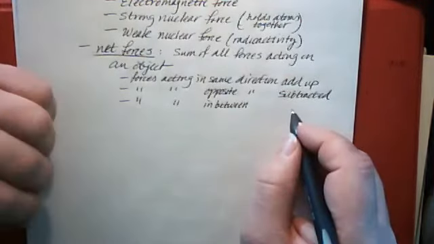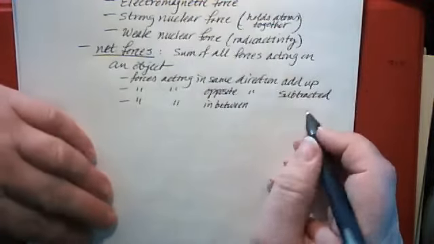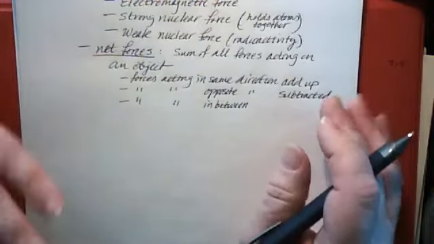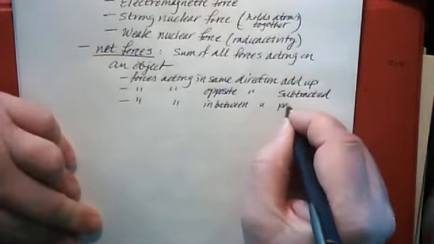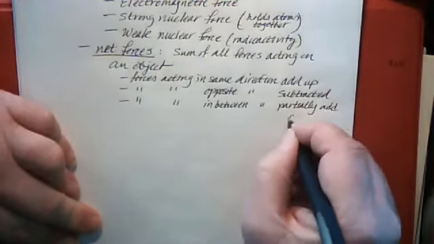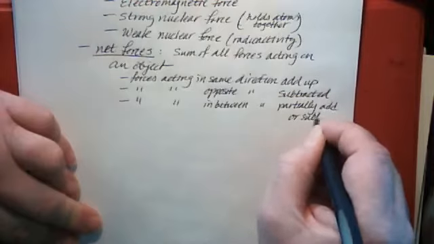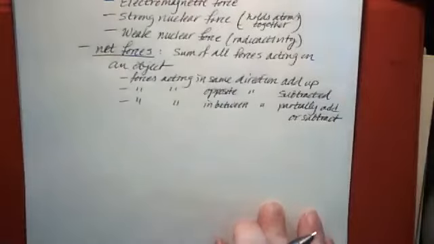That is, in directions that are, say, partially in the same direction and partially in the opposite direction, or acting at an odd angle to each other. And they'll partially add or subtract.